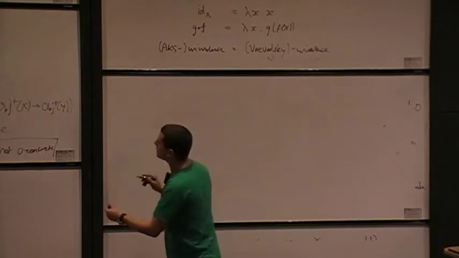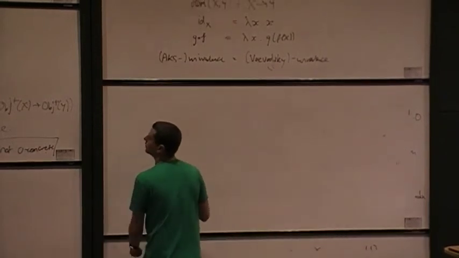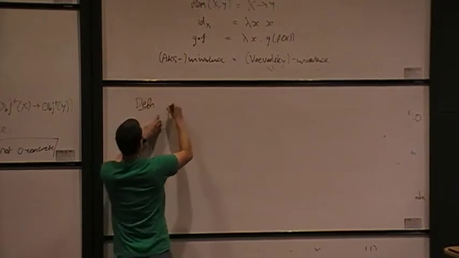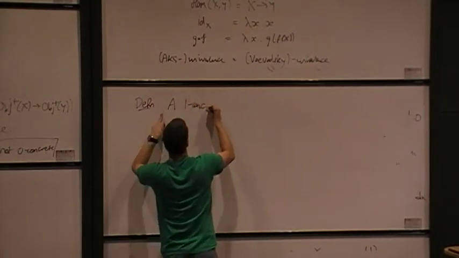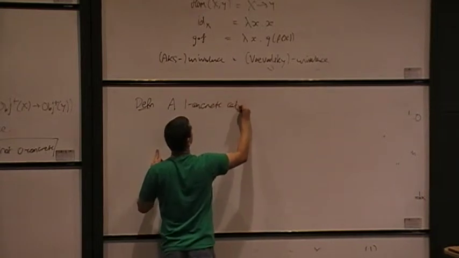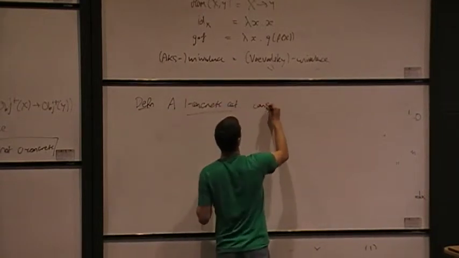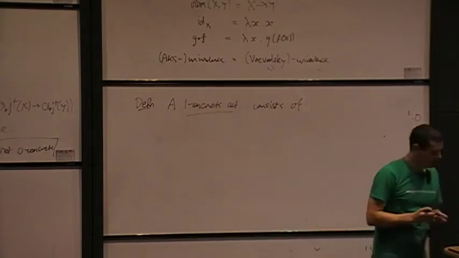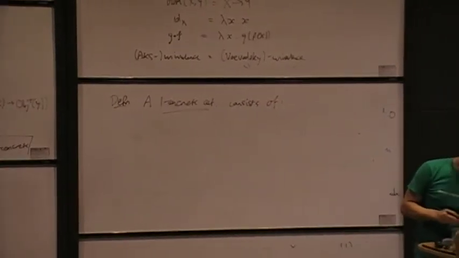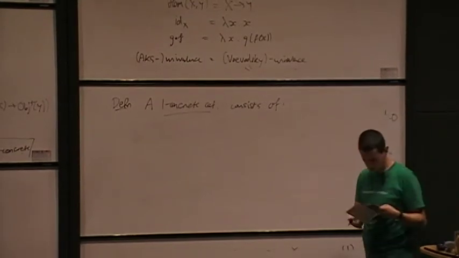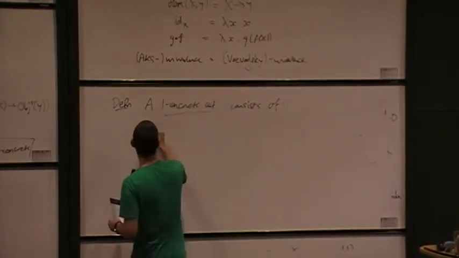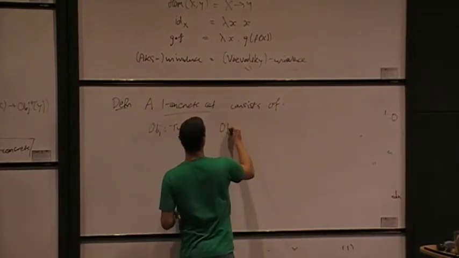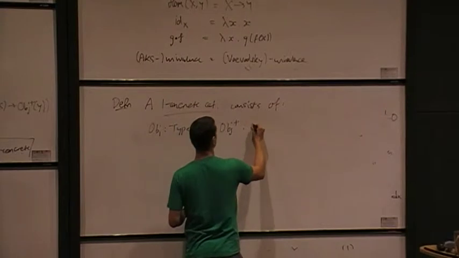So, now we've done that, I'll give you a one concrete category, and it'll be helpful to see the difference, because that pattern's going to continue. A one concrete category consists, again, I better not leave anything out. So we've got obj, which is a type. We've got obj plus, which goes from obj to type.